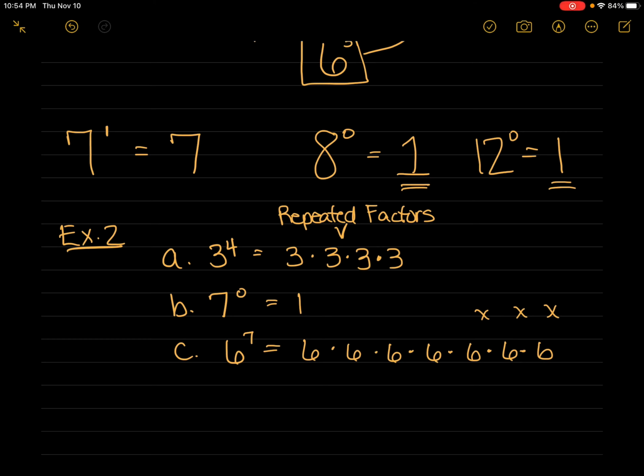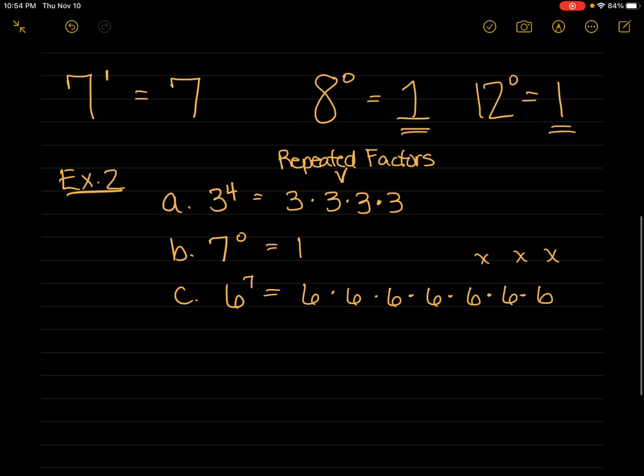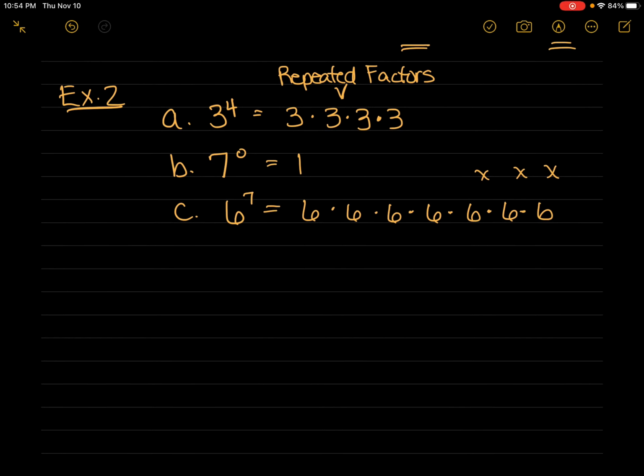So let's do one more thing that you'll be asked to do. And that is if I had 3 squared times 3 cubed. Okay, we want to write this out. So how would we write 3 squared? We would write 3 times 3, right? And how do we write 3 cubed? 3 times 3 times 3.